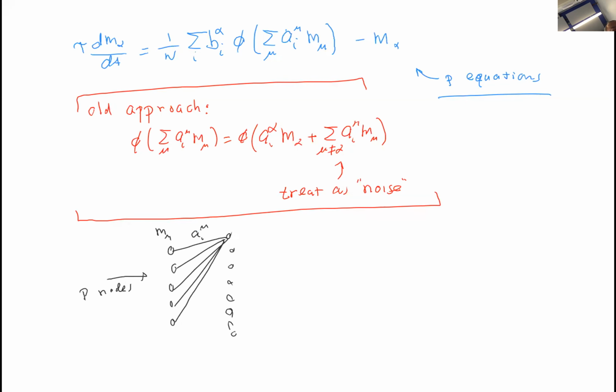So now in this layer, there are N nodes. And then the B matrix takes this back down. So in here, there are now P nodes.